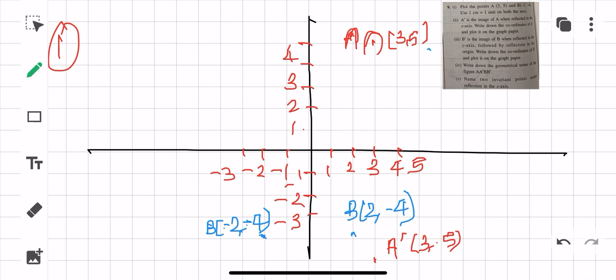Okay, and then what is happening here? They ask to write down the geometrical name of A dash, B dash. So clearly, children, I don't think there is a figure that is being formed here. So in the answer that has been given behind, they have given it as an isosceles trapezium, but I don't think that it is going to be an isosceles trapezium. Why? Because, children, it's not going to join.